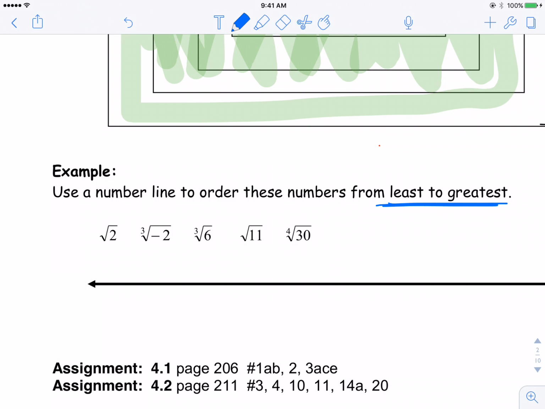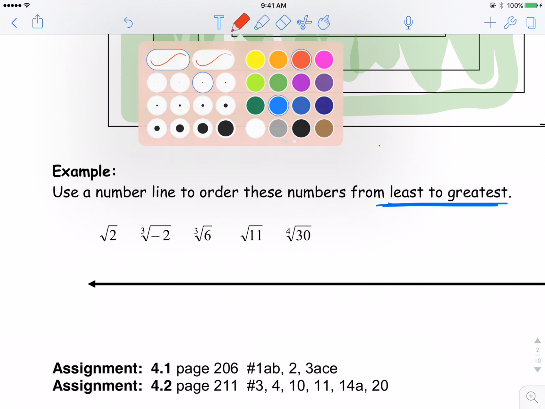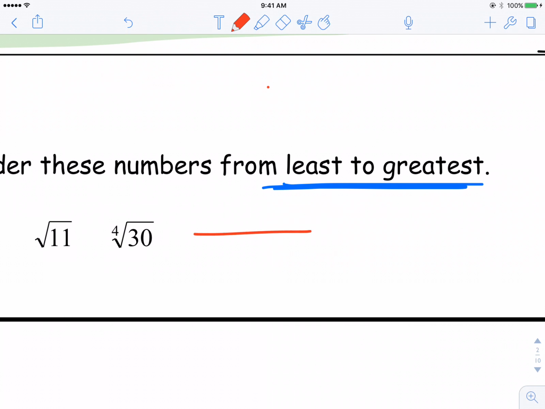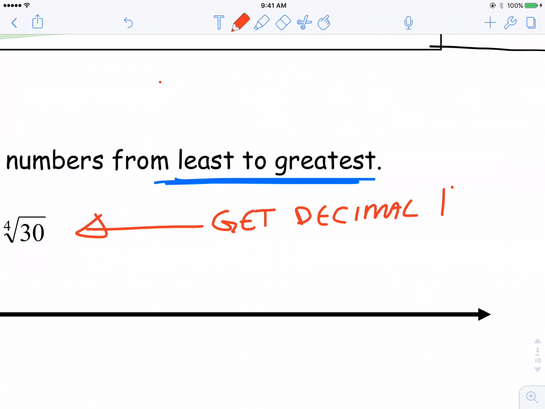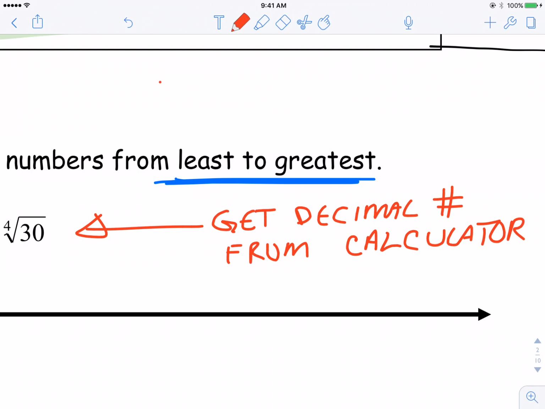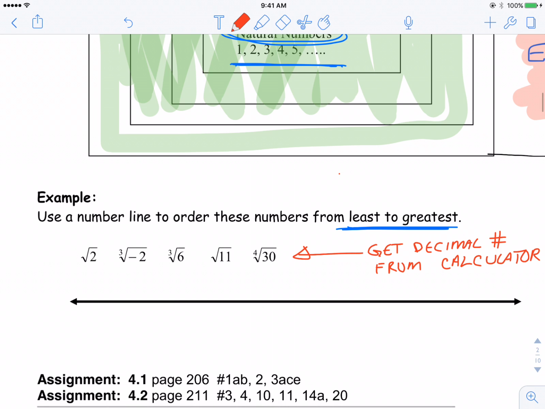You would actually have to calculate these on your calculator, get a decimal number from the calculator, and then place all of these on the number line. So let's do that.